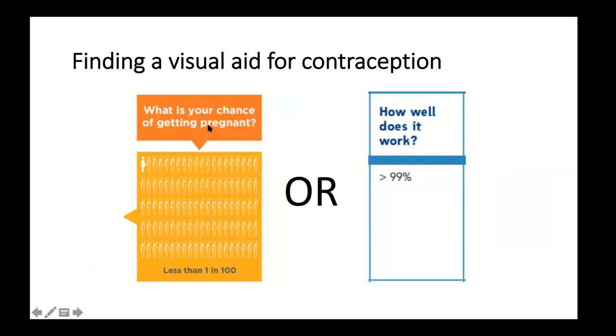So for example, what is your chance of getting pregnant? Less than 1 in 100 women will get pregnant on this method. That seems pretty intuitive. Whereas when you say how well does it work, 99% of the time, it leaves a little more room for questions, I think. So I'll just put in a plug for that, just anticipating questions that might come up in patient discussions.